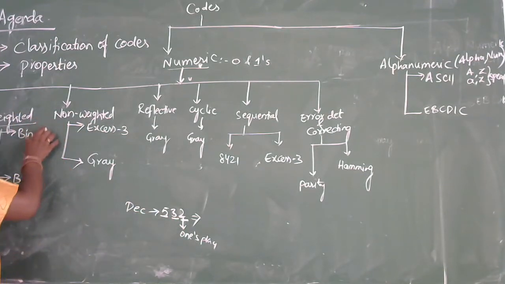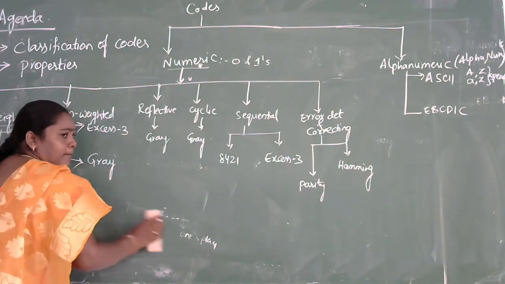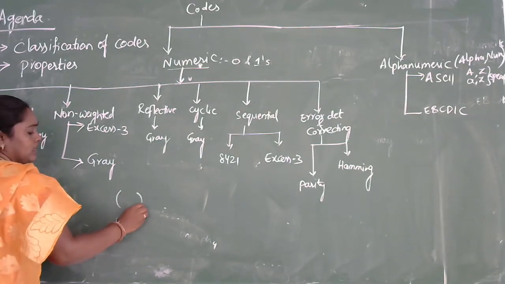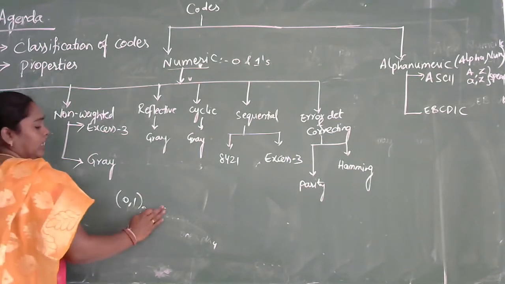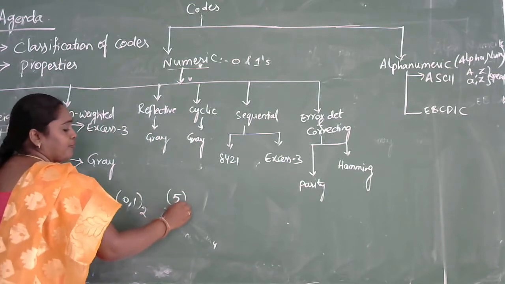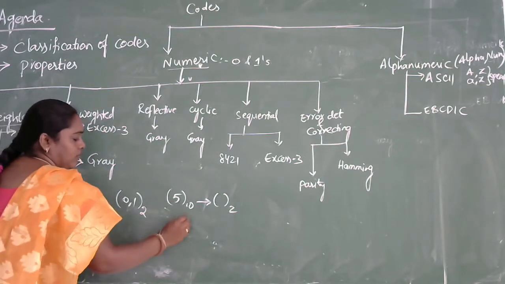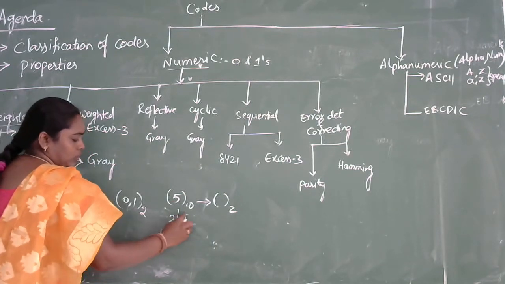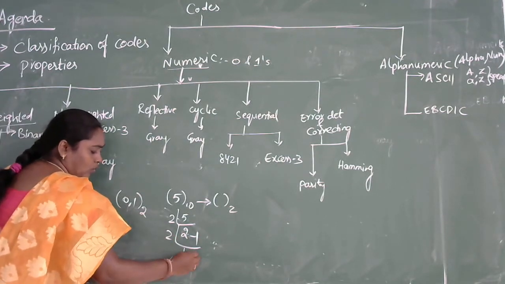The examples of weighted code are binary and the second one is BCD. Binary consists of two numbers, only zeros and ones. If I want to convert the decimal number 5 into binary, which is base 2, divide 5 by 2. 2 twos are 4, remainder is 1. 2 ones are 2, remainder is 0.